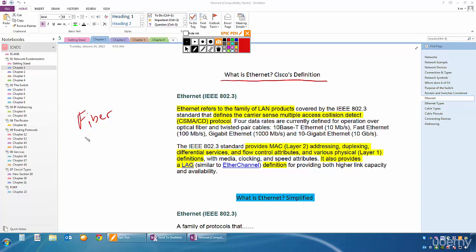But really, what we call it is twisted pair cables, or another word would be Cat 5, Cat 6. And of course, you've got Cat 5e and Cat 6e, but all it is is a cable. That's it. Cat 5 and Cat 6 are twisted pair cables.